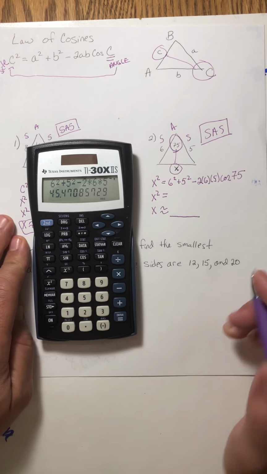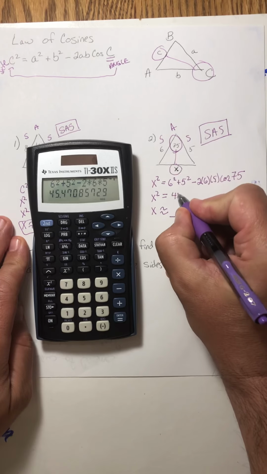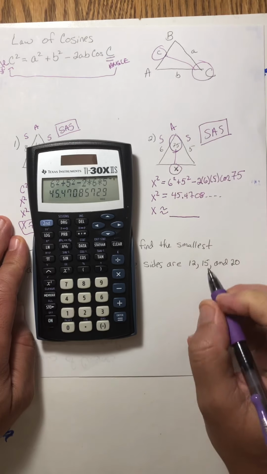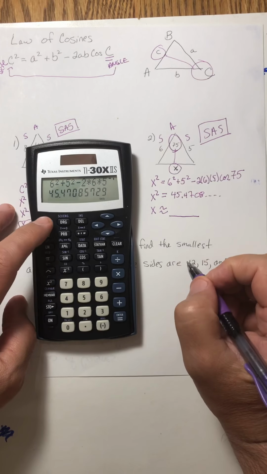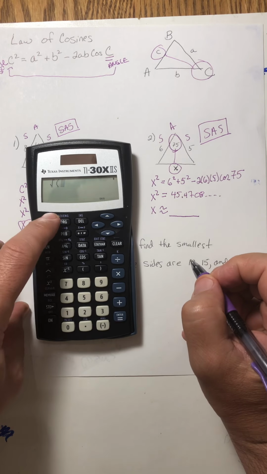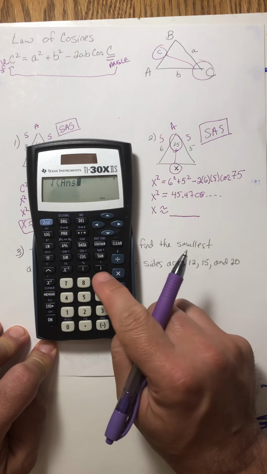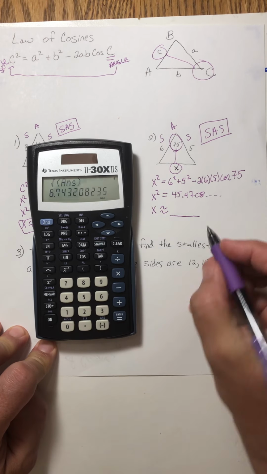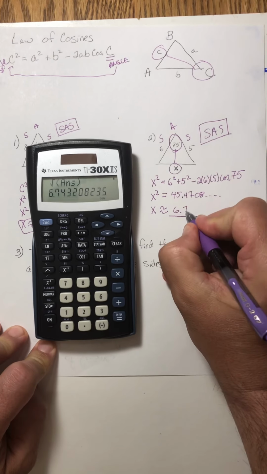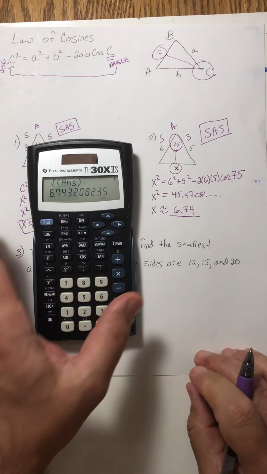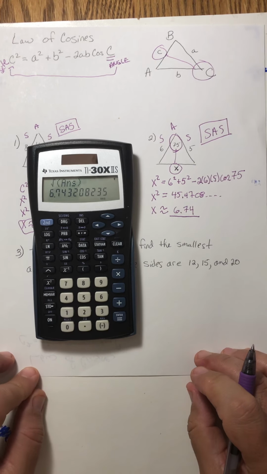So I have 45.4708 dot dot dot. And then don't forget to take your square root now. Second square root, second answer, enter. And then we have 6.74 as our final answer once we round off.